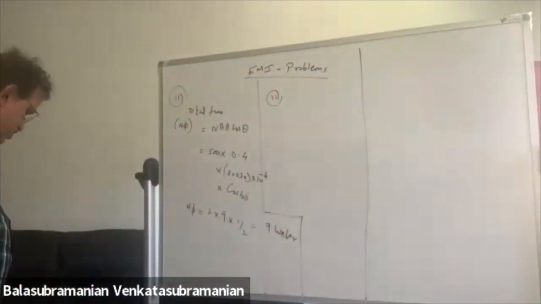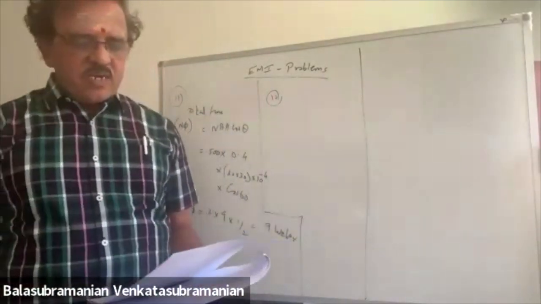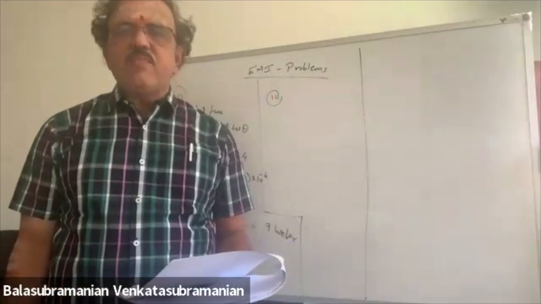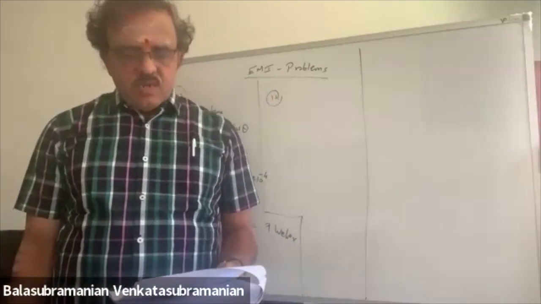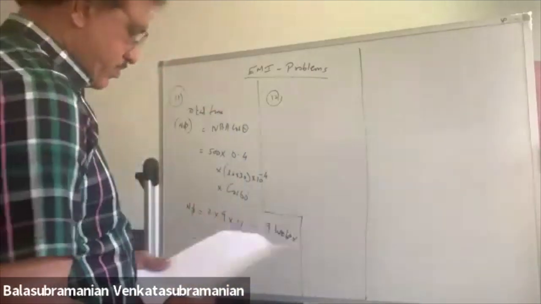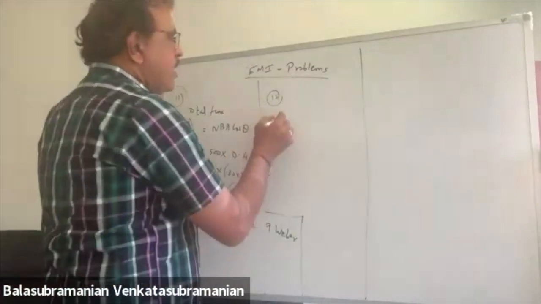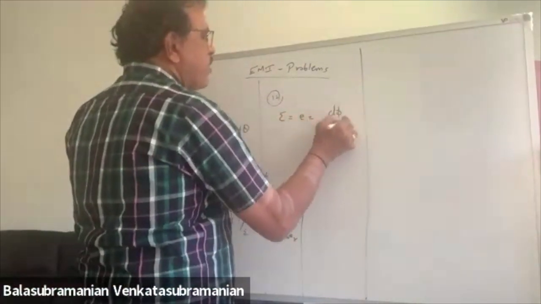Twelfth one. A straight metal wire crosses a magnetic field of flux 4 milliweber in a time 0.4 second. Find the magnitude of EMF induced. It's a straight problem. EMF induced E is equal to d phi by dt.